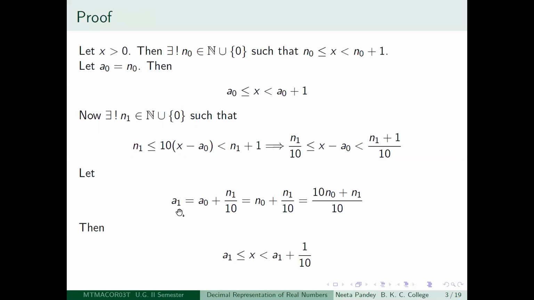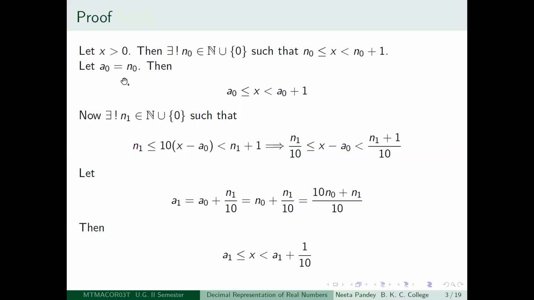And also observe that this rational number a1 is equal to n0 plus n1 by 10. So it has the form of a fraction where the denominator is 10. It is very easy to see: it will be just 10 n0 plus n1 divided by 10.